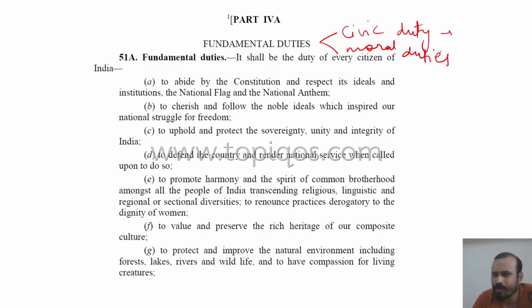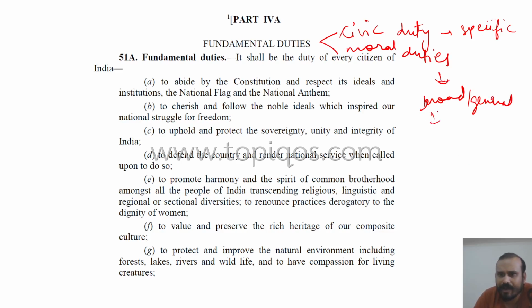Civic duties are more straightforward, meaning they are short, and short means they are specific. And moral duties, what is morality? A way of life, technically. And these are broad, general in nature.